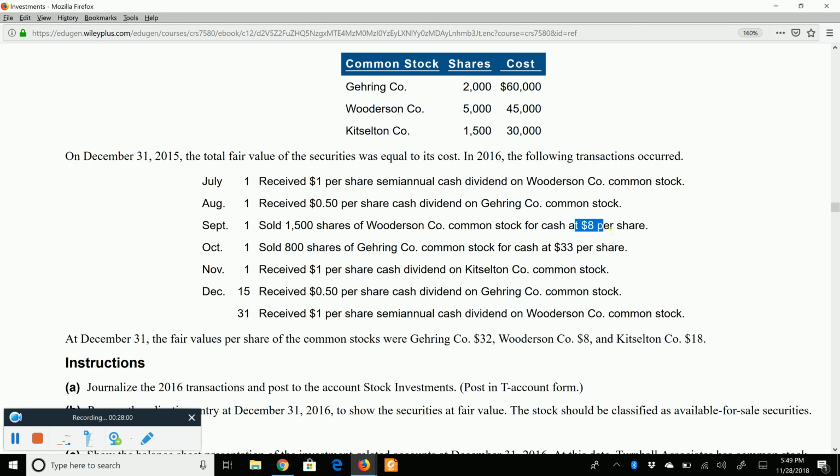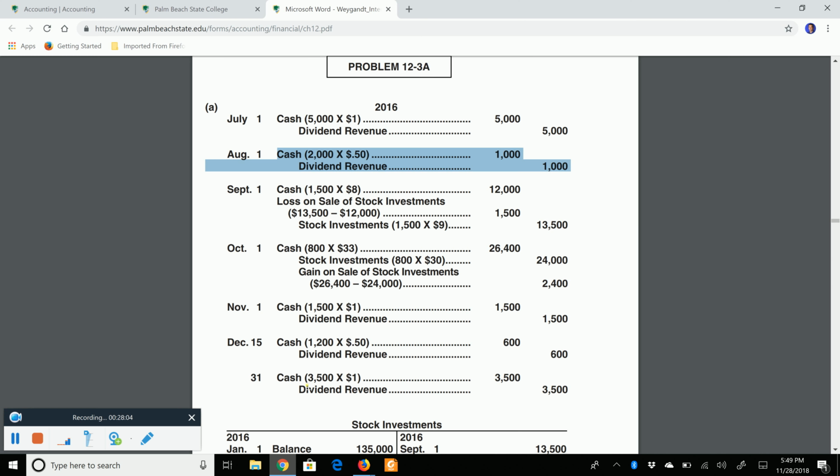How much are we selling them at? $8 per share. So that's a loss. Let's take a look. Cash, what are we receiving? 1,500 shares times 8. That's $12,000. Now we need to get rid of the stock investment with a credit based on our original price.